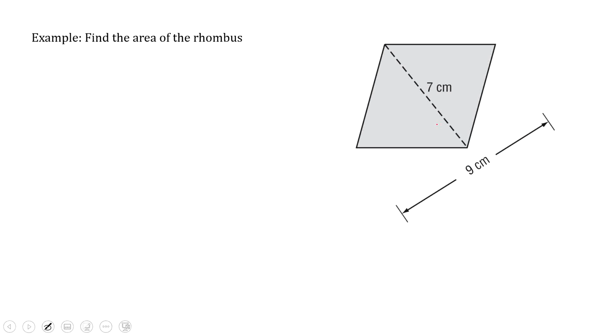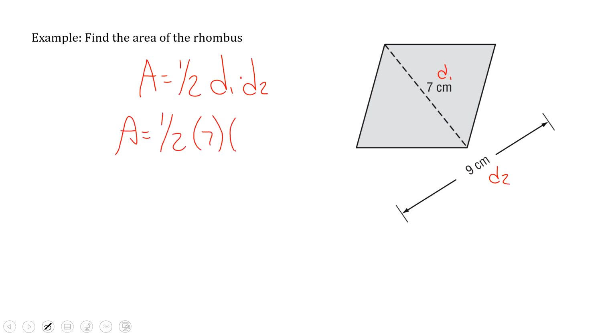Our area is 1/2 times D1 times D2. So I'll call the 7 D1. This will be D2. My area is just 1/2 of 7 times 9. So area equals 1/2 of 63.